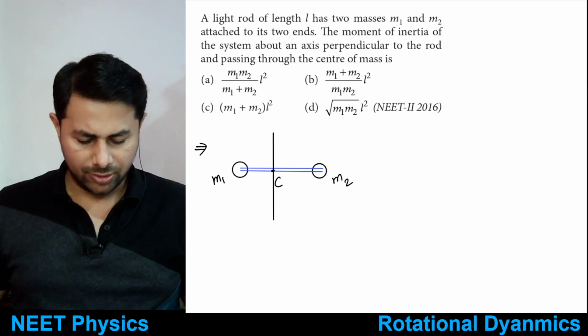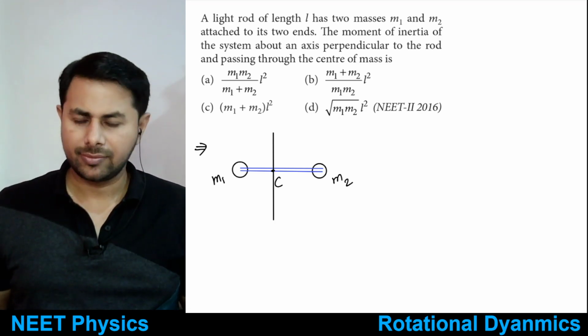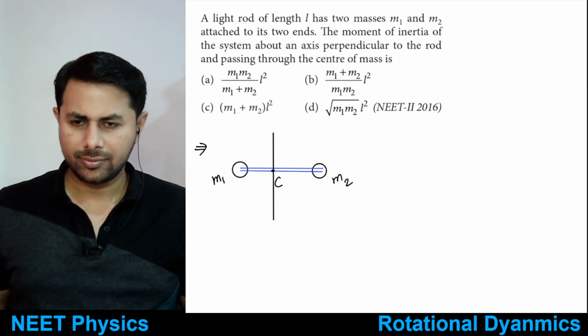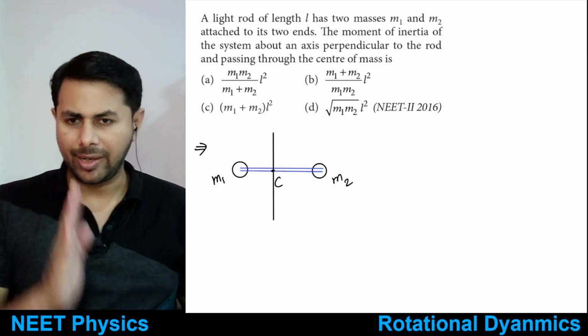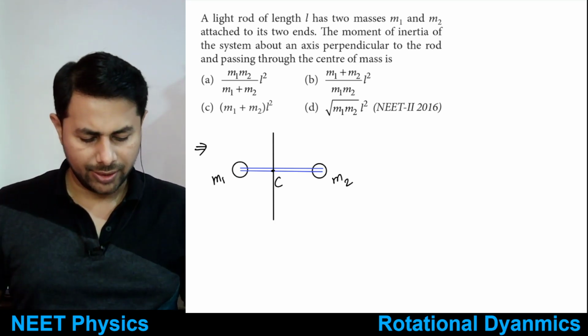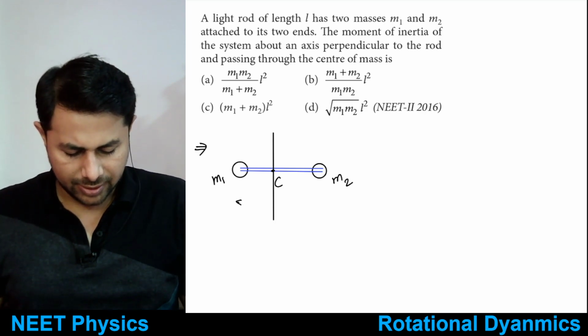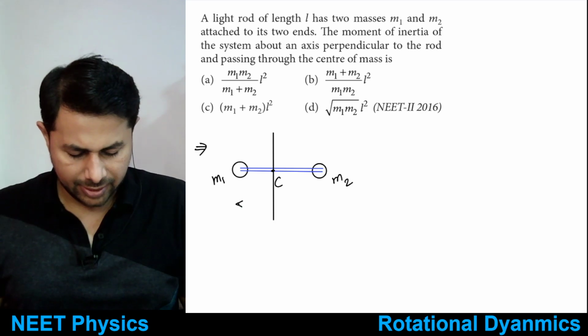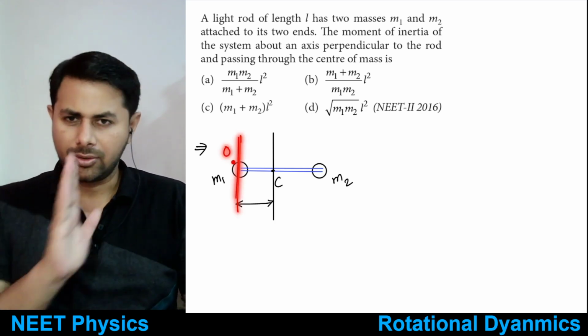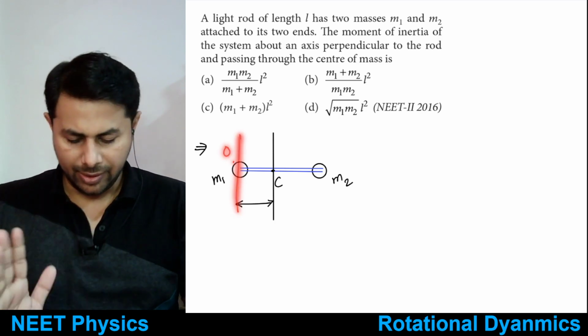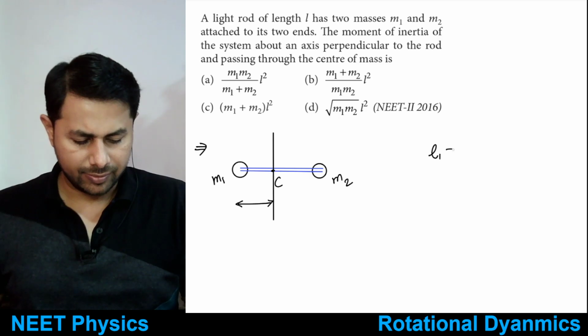Okay, so now how will you find out the center of mass? Suppose I want to find the distance of the center of mass from m1. Let's say that distance is L1. If I take the origin at m1, then I can find L1.